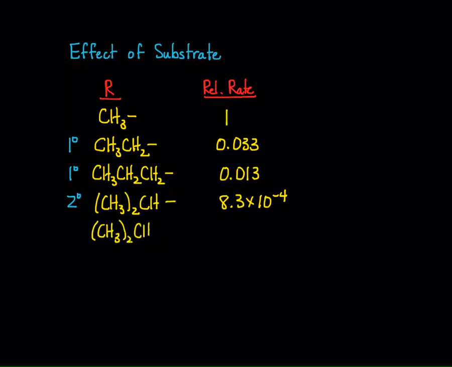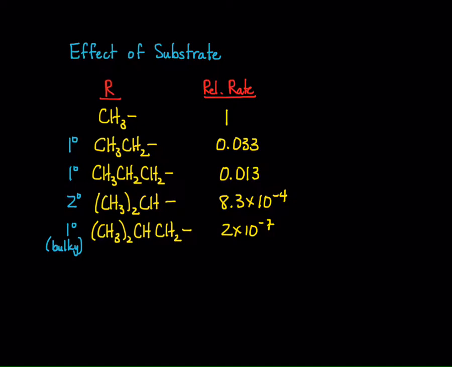What if I had a primary alkyl halide, but it had an isopropyl group coming off of it, so a much bulkier group? Well, notice it's even slower, right? So why? Because that's a primary alkyl halide, but it is a bulky primary alkyl halide.